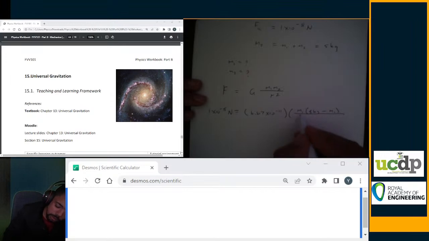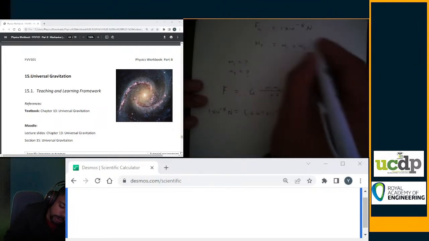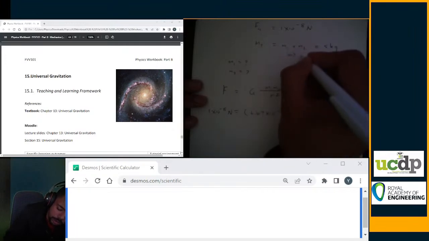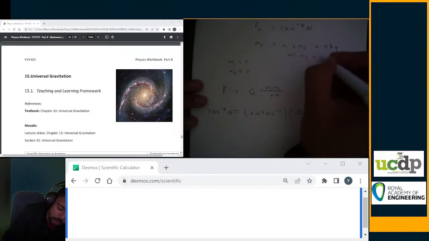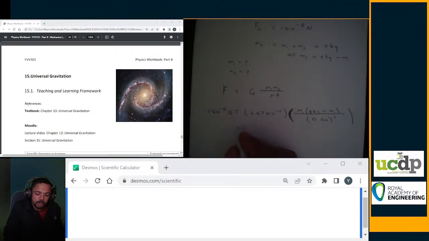So that is just M1 multiplied by M2 over the distance between them, which in this case is 0.2 meters squared. And that will give you a force of 1 times 10 to the negative 8, supposedly.